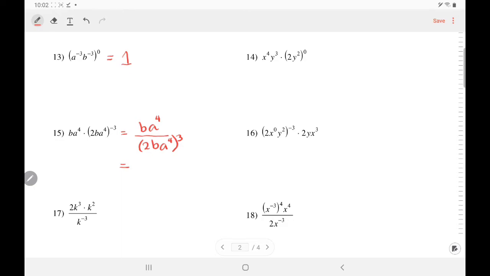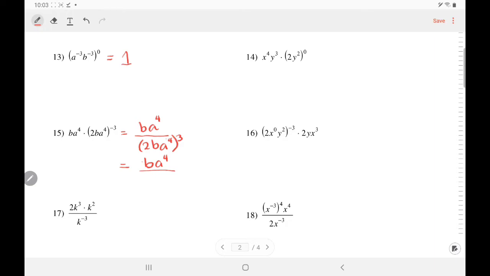We're going to simplify that. So the b a to the 4th can really cancel with one of these b a's to the 4th. But we'll work with that later. That's a couple ways to do it. This is one way. So leave the b a to the 4th on top.